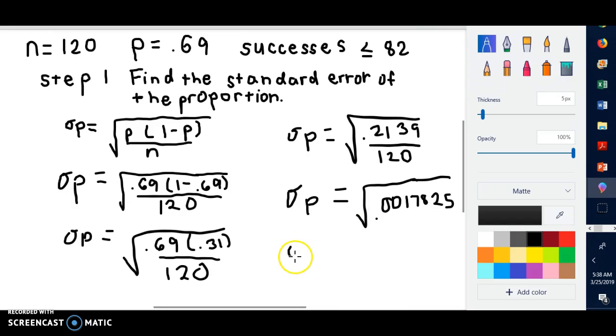And you're going to get 0.042219, and it keeps going, but we're going to round to the 4th decimal place. Now, how do I know what to round to?